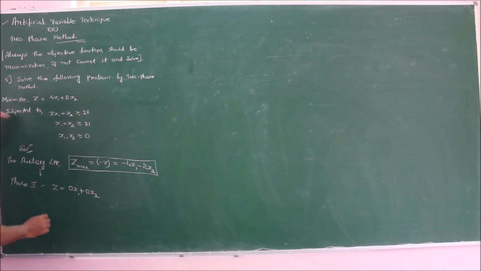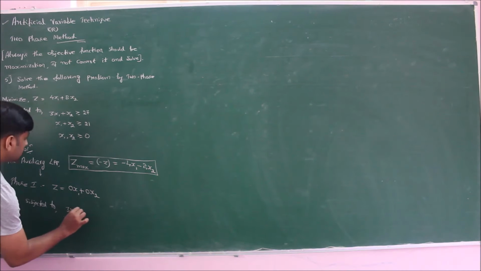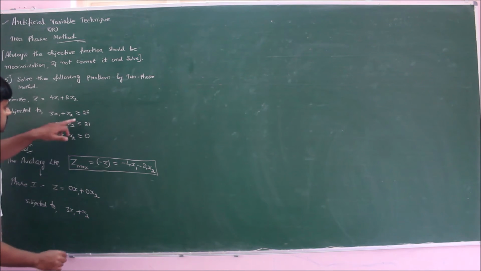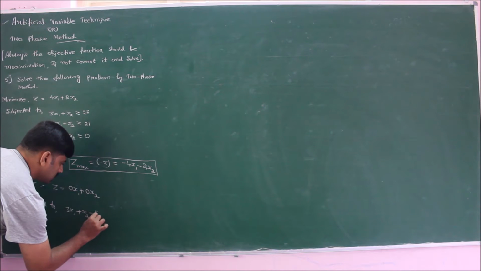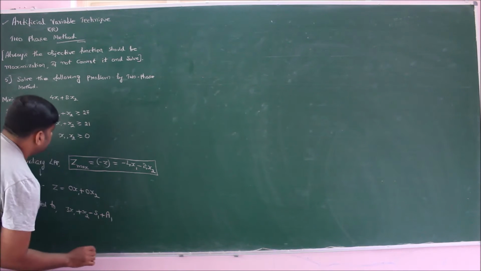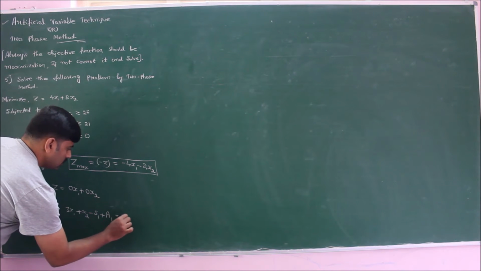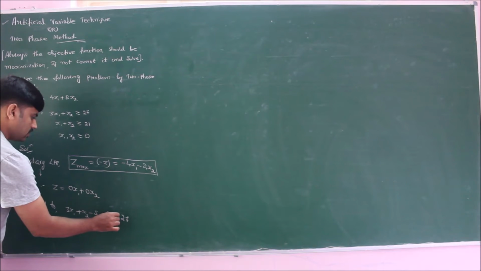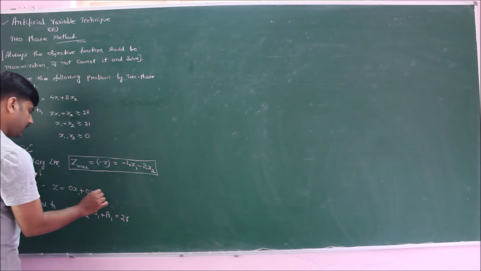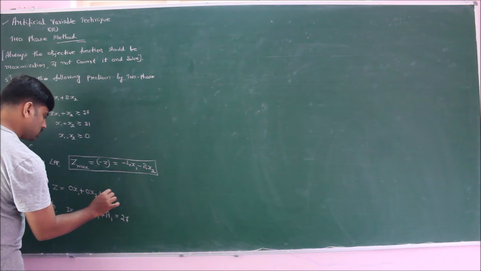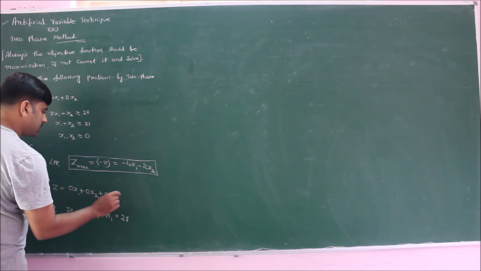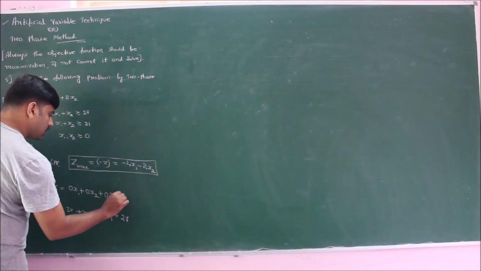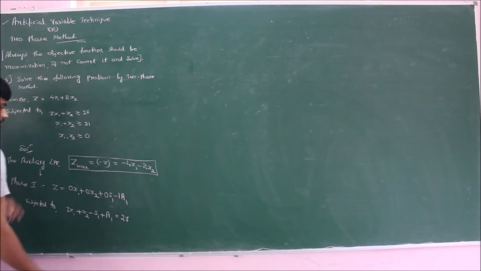Let me see the constraints subject to 3x1 plus x2. Since we have greater than or equal to, I should introduce the surplus, and therefore I should introduce the artificial variable also, equal to 27. So the auxiliary LPP will become again plus 0s1, and always the artificial variable coefficient is -1, a1.